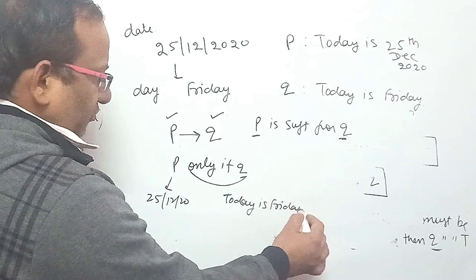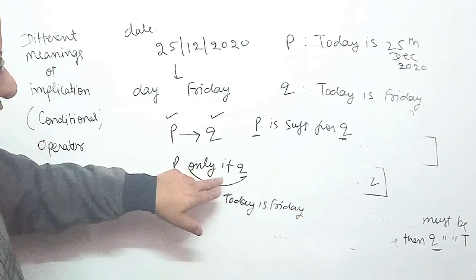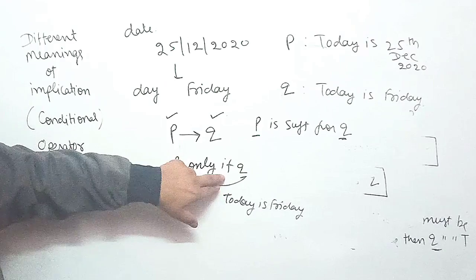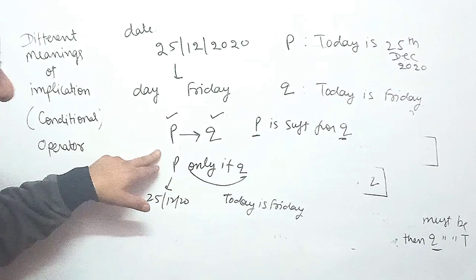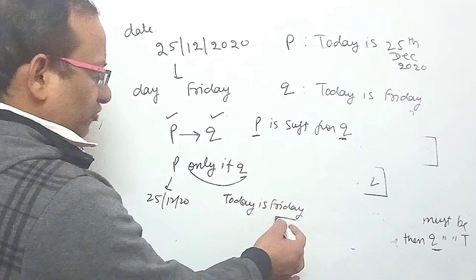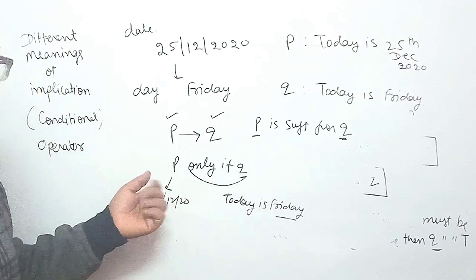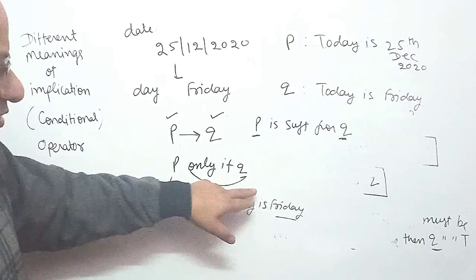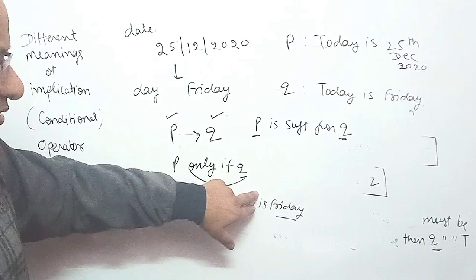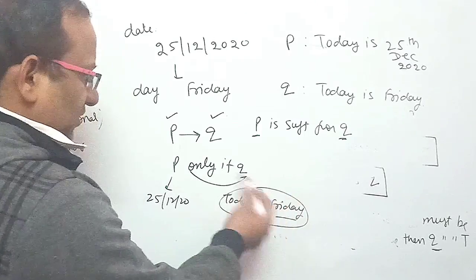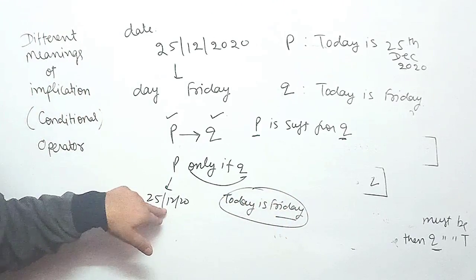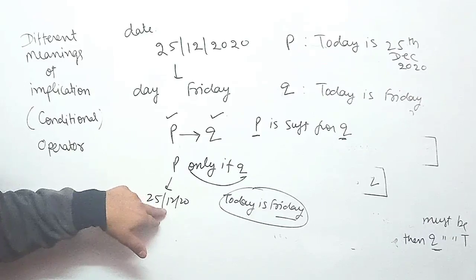If today is not Friday, then there is no chance we can have 25th December 2020. It doesn't mean that if today is Friday, then today is 25th December 2020. But this is necessary. This will not be sufficient. However, this Friday condition is necessary for today's date of 25th December 2020.